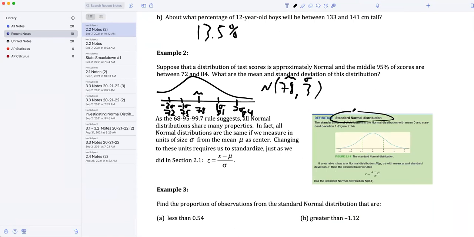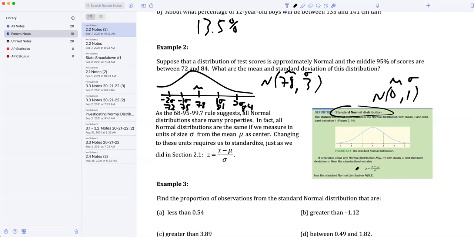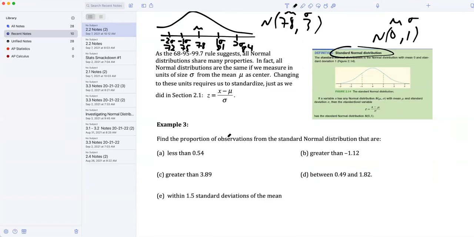Standard normal distribution, okay? The standard normal distribution always has a mean of 0 and a standard deviation of 1. So what we're doing when we find the standard normal distribution is standardizing the score. This says the proportion of observations from the standard normal distribution that are less than 0.54.